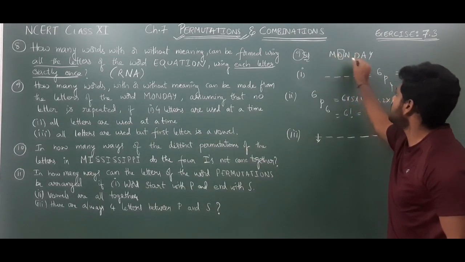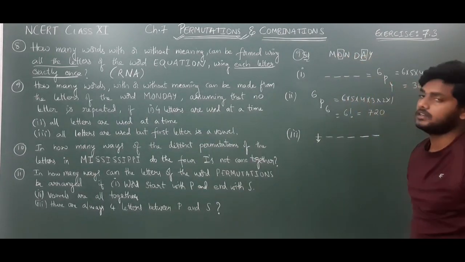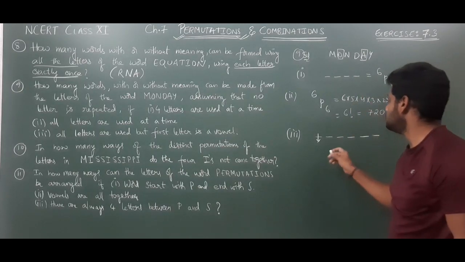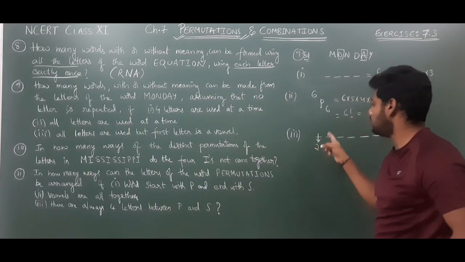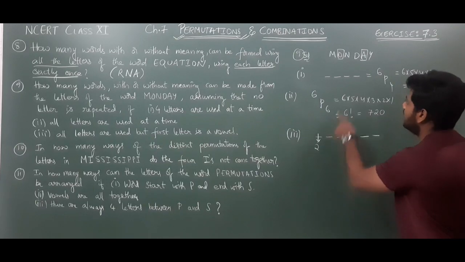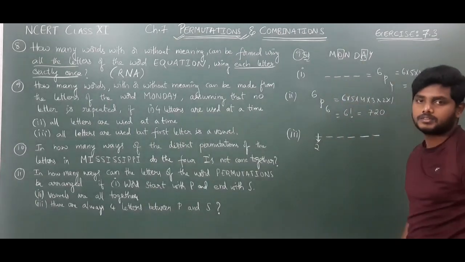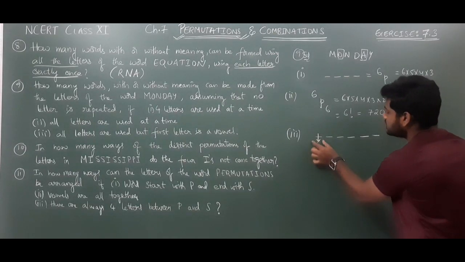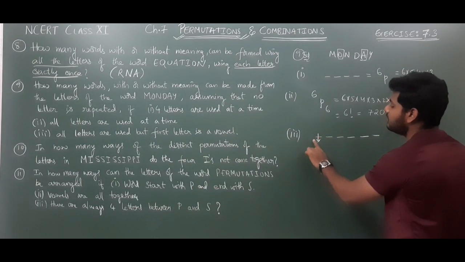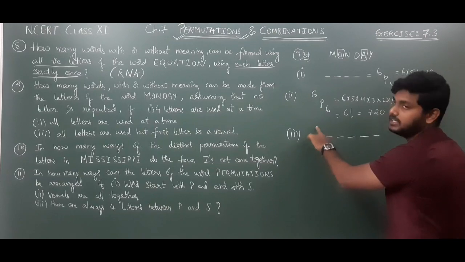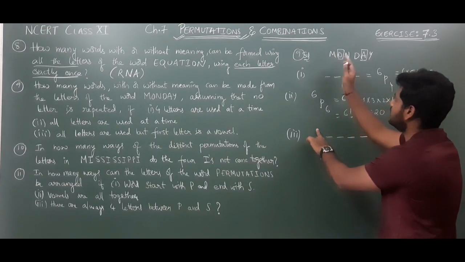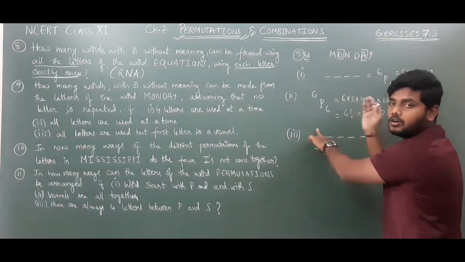O is a vowel and A is a vowel. So we have 2 vowels, and the first letter can be filled in 2 ways, either with O or with A. When it is placed in the first position, one letter is eliminated, either O or A.